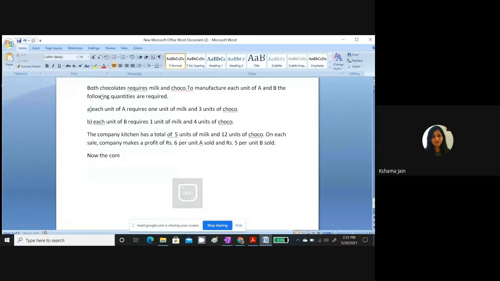Now the company wishes to maximize its profit. How many units of A and B should it produce, respectively? So this is the question.